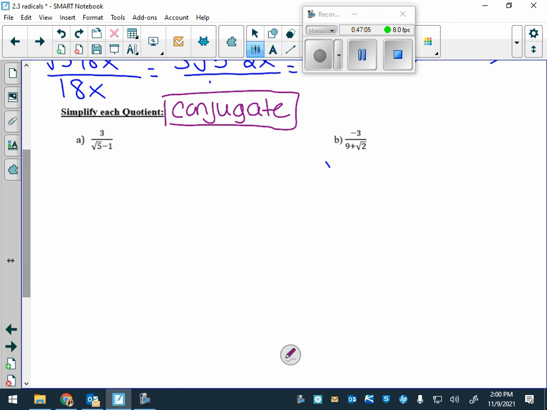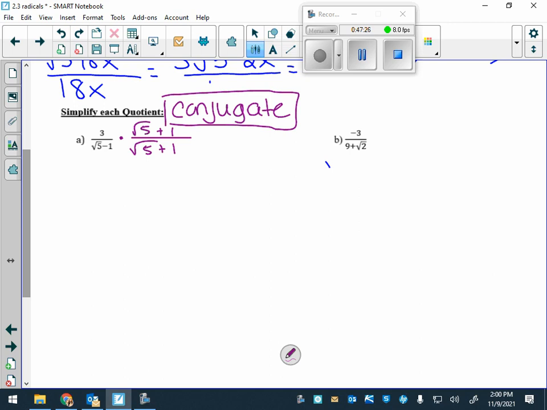Okay, so what that looks like, I'm multiplying top and bottom by square root of 5 plus 1. The only thing that changed was what? Ellen? The sign in the middle. Okay?